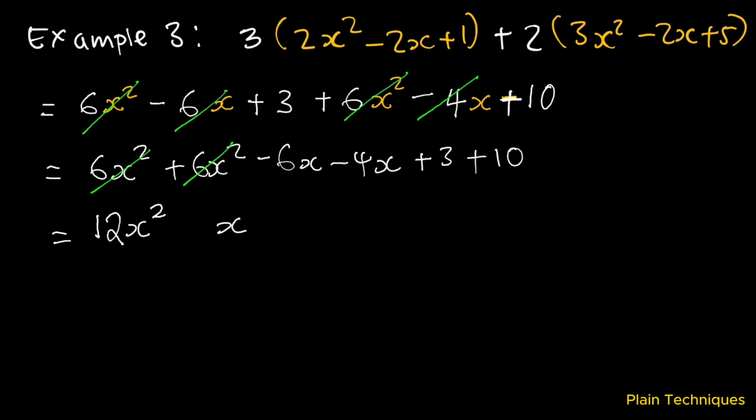Now, the next one will be to add what? The coefficients. Coefficients are numbers in front of the variables. So I have x. So what do I do next? Add the coefficients. Minus 6 minus 4, right? This will give me minus 10.